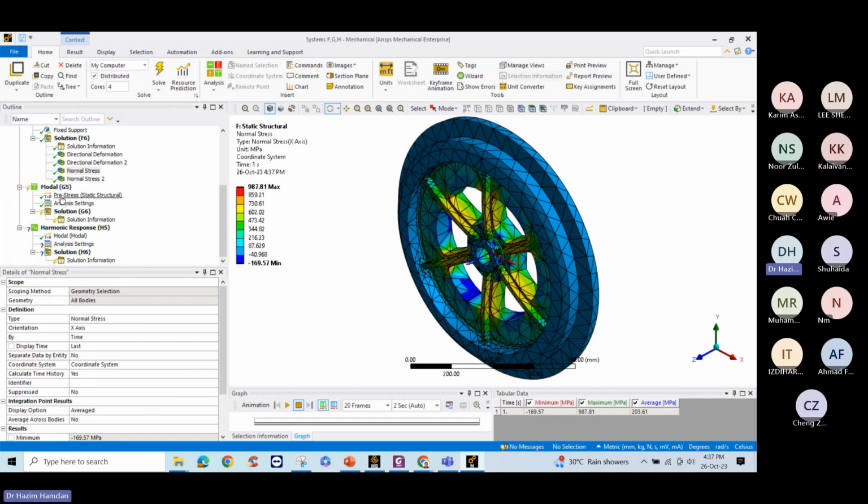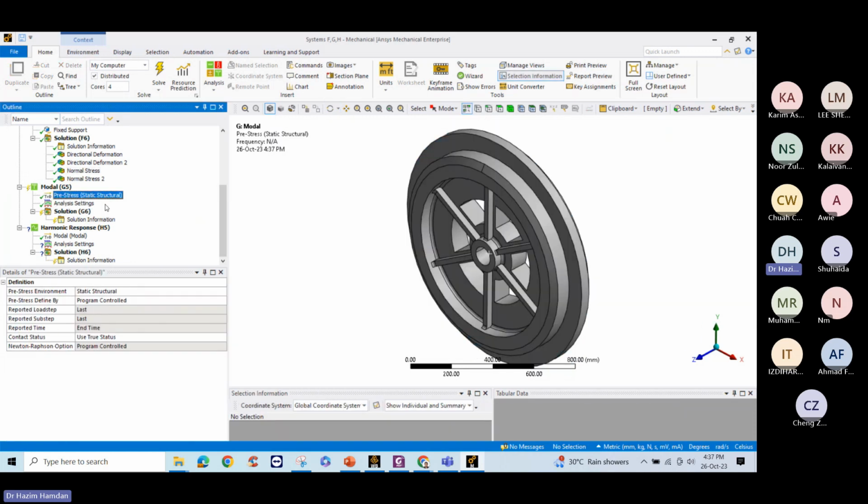So now you can see the pre-stress use the static structural, so you can see now we were performing a pre-stress modal analysis. Okay, actually when we performing the pre-stress modal analysis, modal branch of the outline will inherit all the support from the static structural branch. So now we can start determine the mode shape.